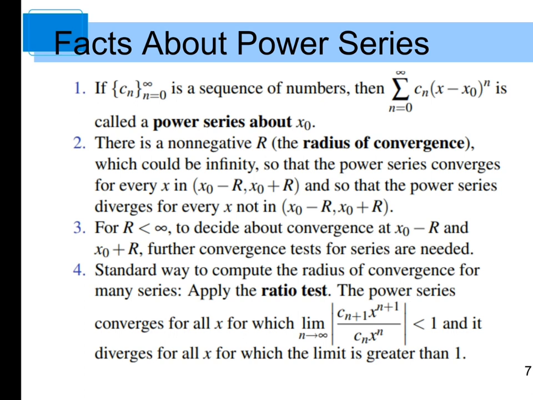Then there is a non-negative r, the radius of convergence, which could be infinity, so that the power series converges for every x in the interval from x sub 0 minus r to x sub 0 plus r, and diverges for every x not in that interval.